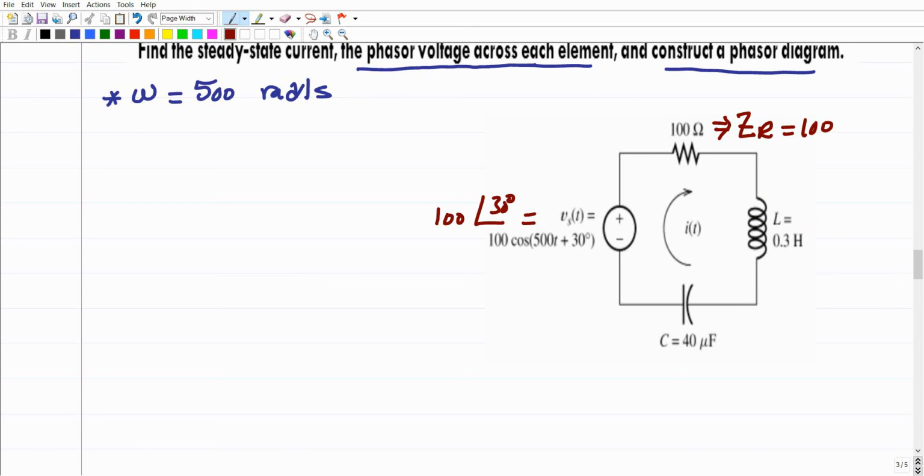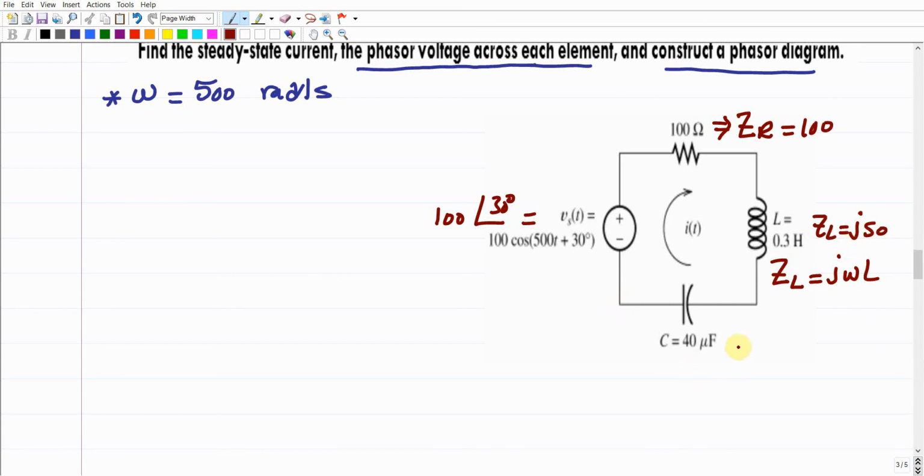The impedance for the L, ZL, should equal j omega L, right? How much is omega? It is 500, and L is 0.3. So if we did the calculation, 500 times 0.3 is going to give us 50 j. So ZL is going to be j50, and it is complex.